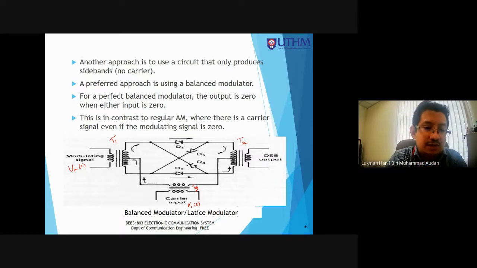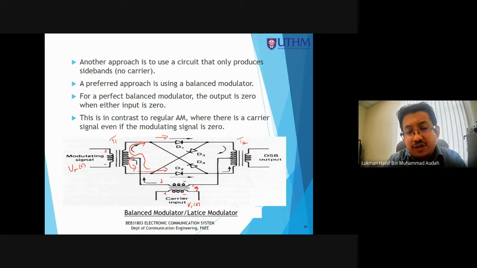So at the beginning kita akan lihat polarity of the VMT is like this, plus minus. And for example, the polarity of the carrier like this, maka apa yang berlaku adalah current akan mengalir seperti ini. So current will flow through the D1 and D2.